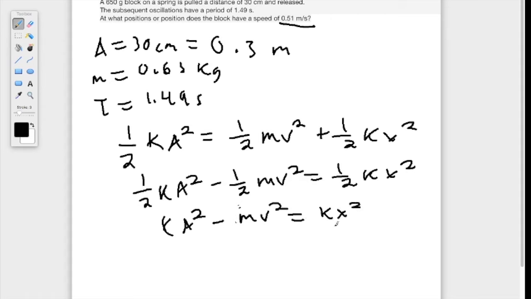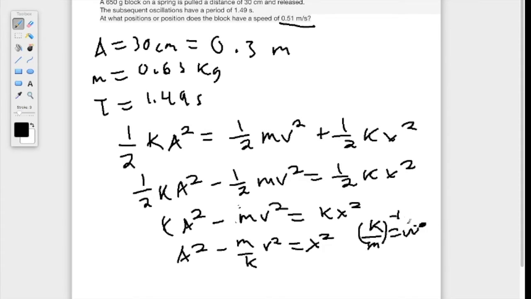And then I'm going to divide by k. So you get A squared minus m over k v squared is equal to x squared. We know that k over m is w squared, so we have to flip it. So m over k is equal to 1 over w squared.